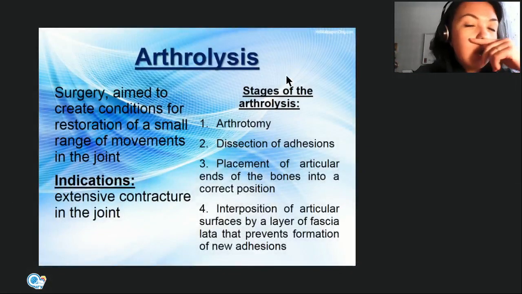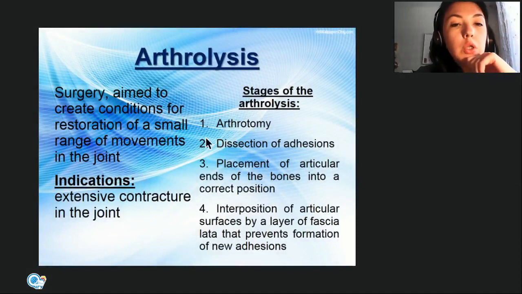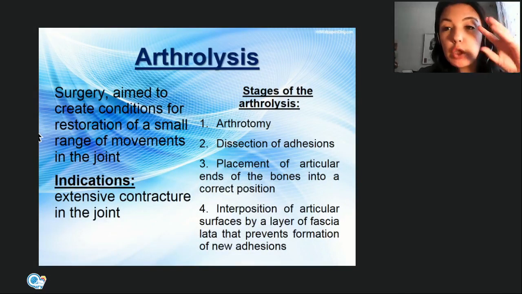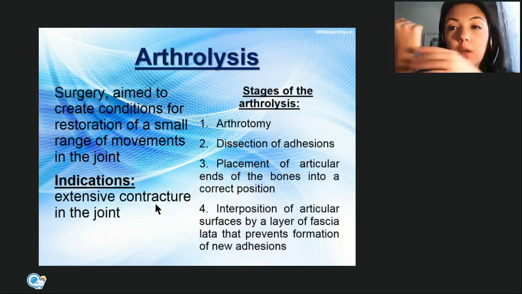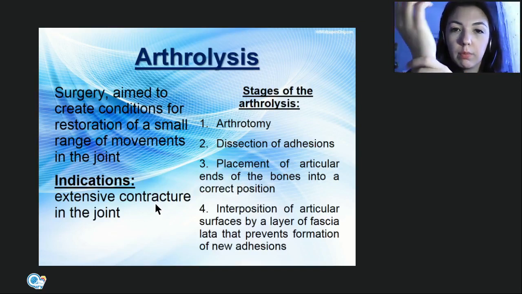Arthrolysis is the other surgery in the joint. So it is surgery aimed to create conditions for restoration of a small range of movements in the joint, like if there are adhesions between articular surfaces, for example, in case of extensive contracture of the joint. What is extensive contracture of the joint? It's when the joint is stuck in the position of extension.